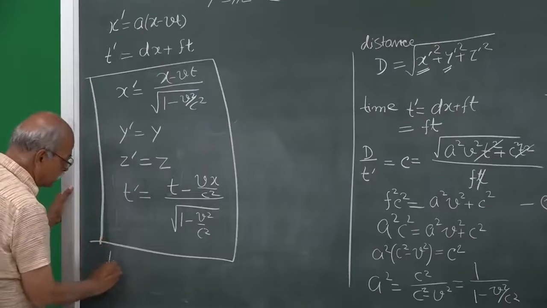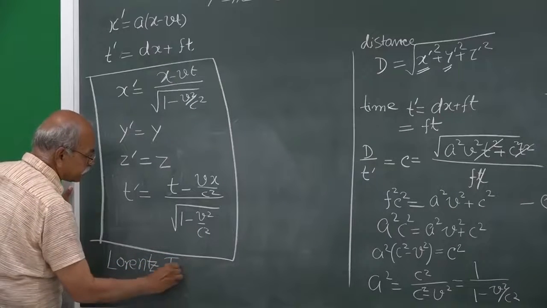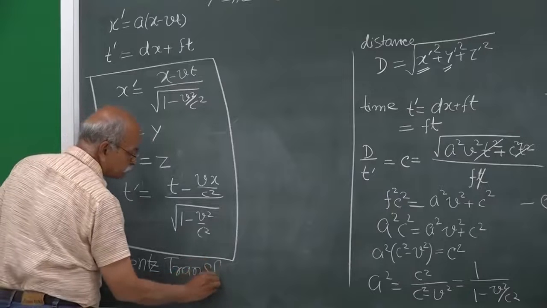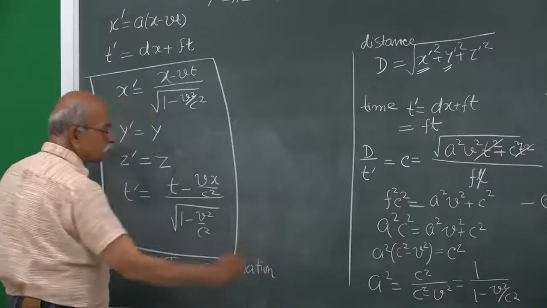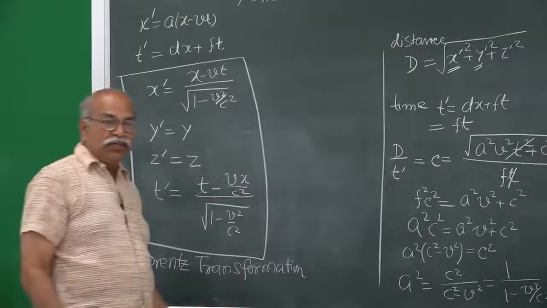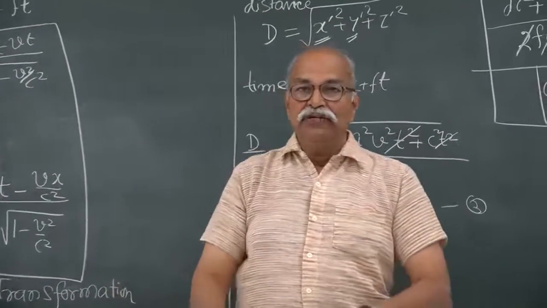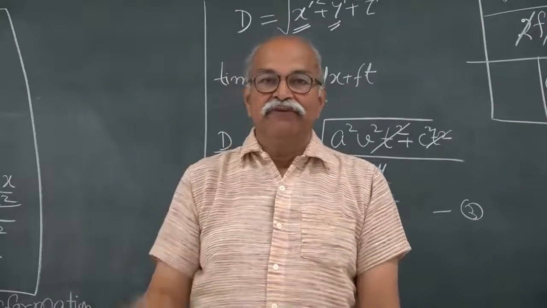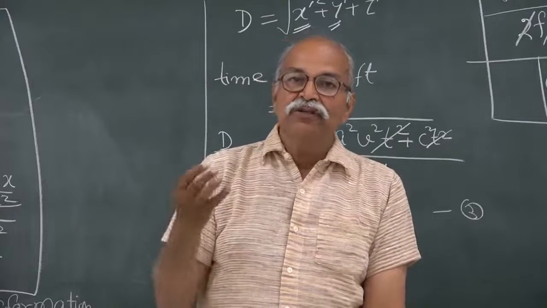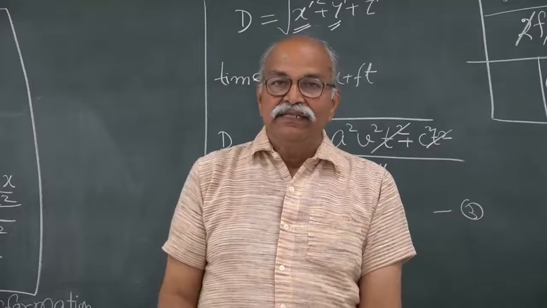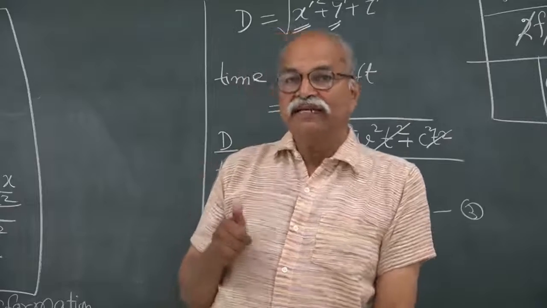These are Lorentz transformations, which will take the place of Galilean transformation. If you want the inverse transformation, if x prime, y prime, z prime, t prime are known, and I want to write x, y, z, t in terms of these, I can use the principle of relativity.